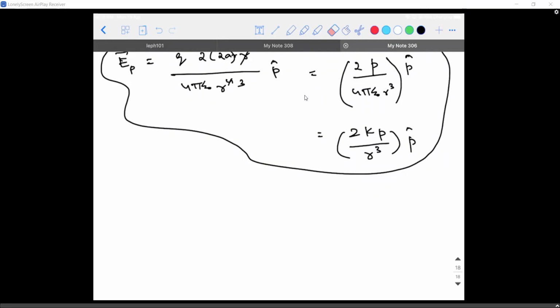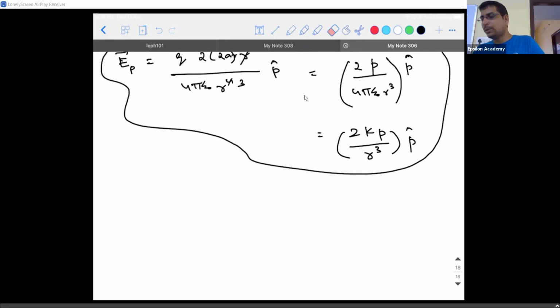Going forward, I will give you some mathematical relations in the form of a graph also. These things you cannot find in the textbook, but very rarely they ask these kind of questions.